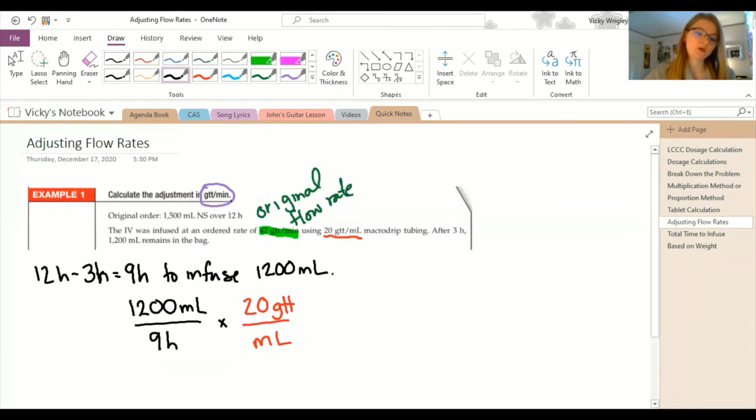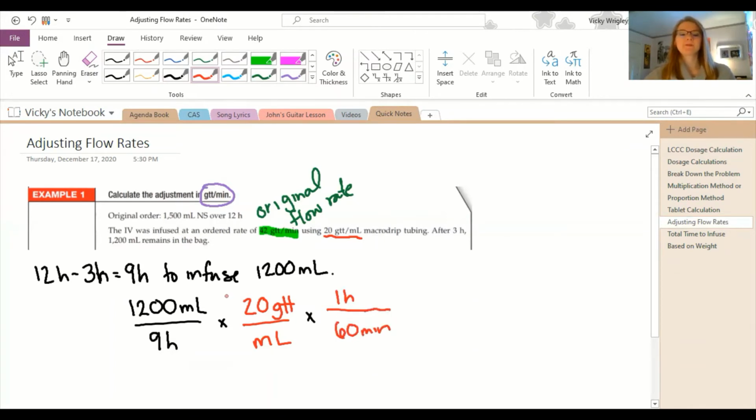So it's important why we circled that in the beginning, so that we remember we need drops per minute. So we'll need to multiply by another conversion factor. This one's not given in the problem, but I need to go from hours to minutes. So what's the relationship between hours and minutes? Well, there's 60 minutes in every hour.